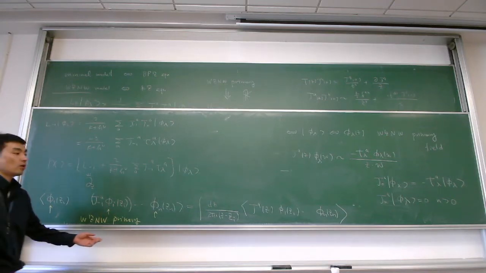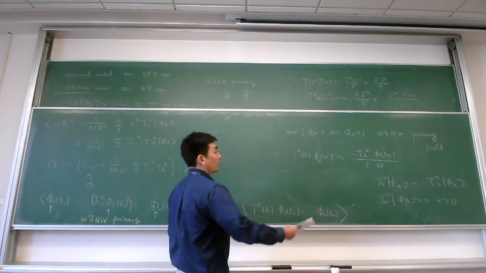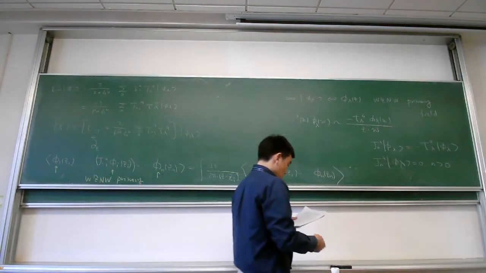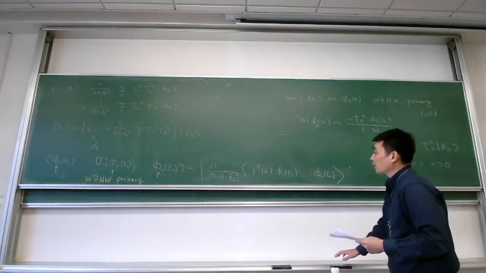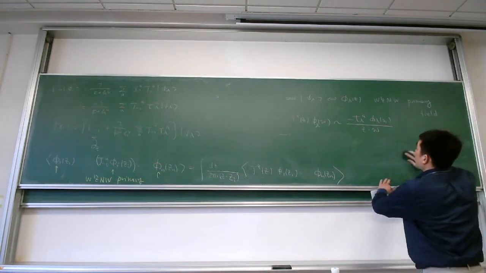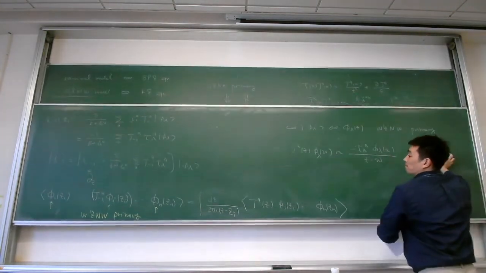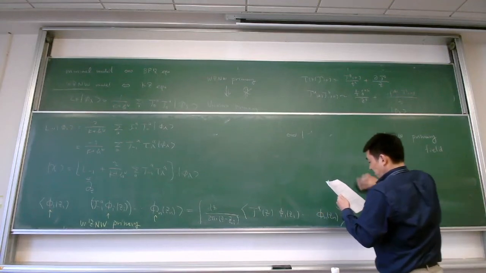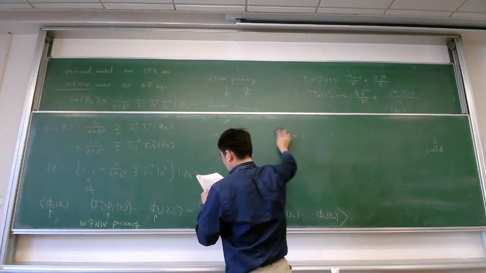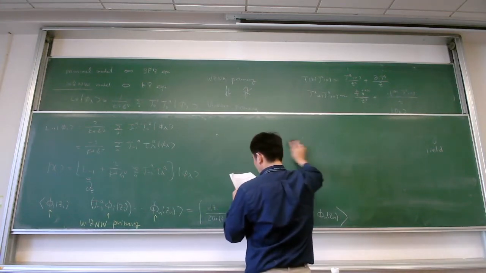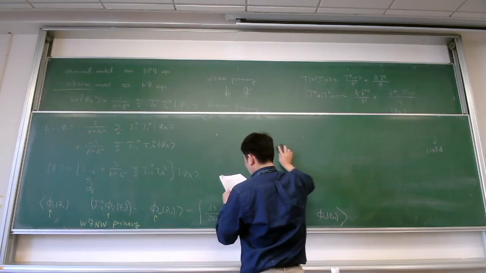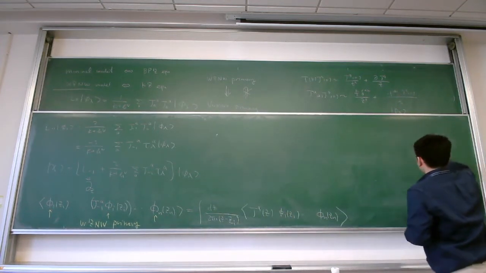You can extract the J minus 1 part, and the rest of the part is trivial.